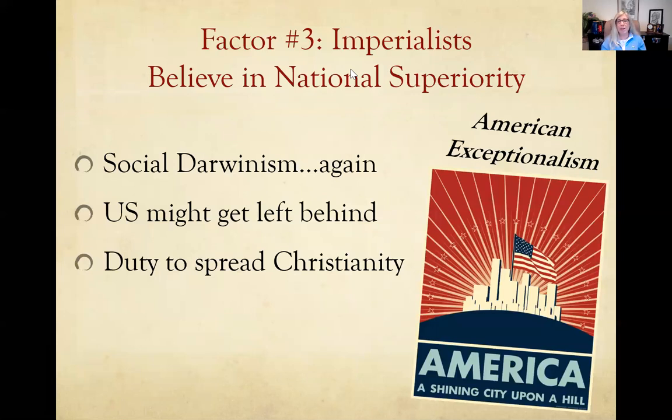So you can apply that very same approach to imperialism, where you've got a strong nation that is able to go in and take control or colonize another group of people. Well, if they were as advanced, then they would be able to stand up and defend themselves.